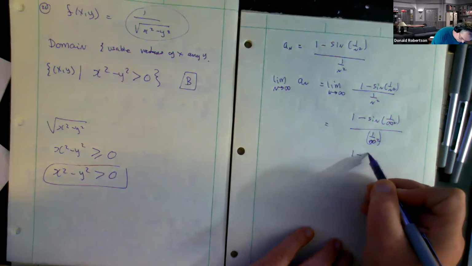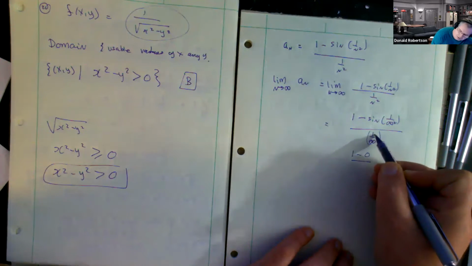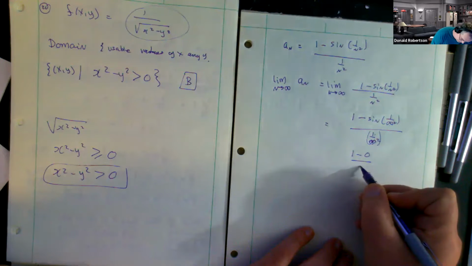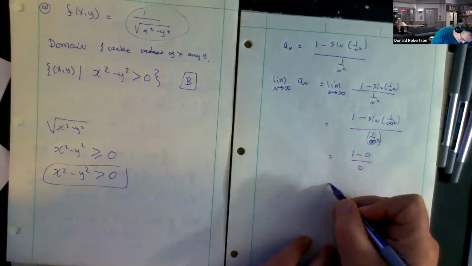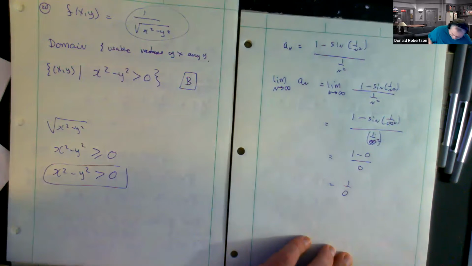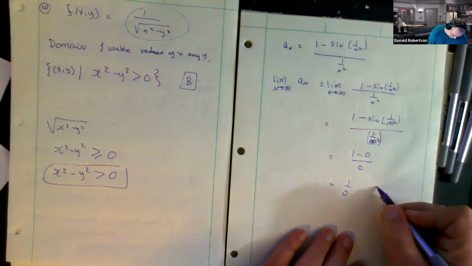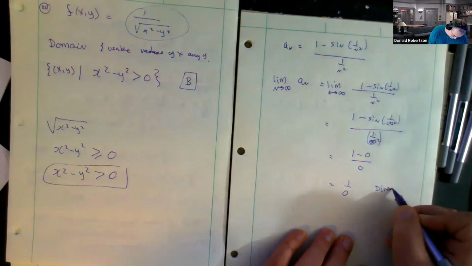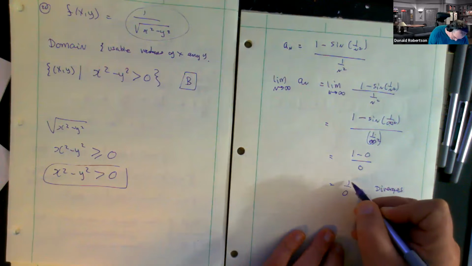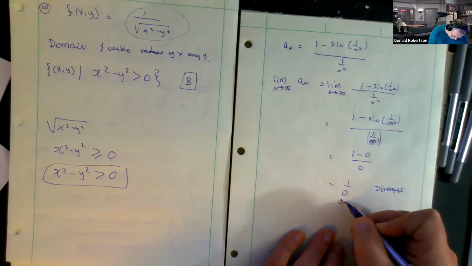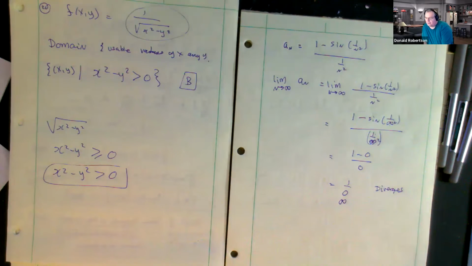So you have 1 take away 0. 1 over infinity squared is 0. 1 over 0 is not an indeterminate form. This thing diverges. And why do I know it diverges? Because any number over 0 becomes infinitely big, doesn't it?